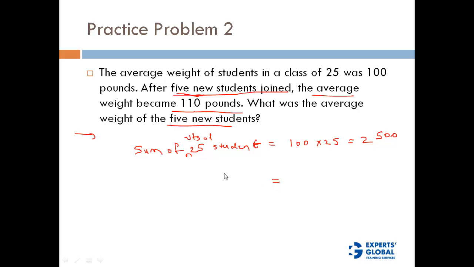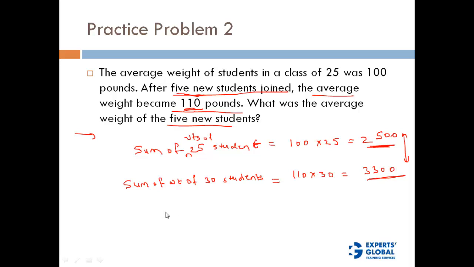Okay, and what is going to be the sum of those 30 students? Sum of weights of those 30 students is going to be 110 into 30, right? 110 into 30 is equal to 3300, right? So you will see that the total sum of weights of students increased from 2500 to 3300.